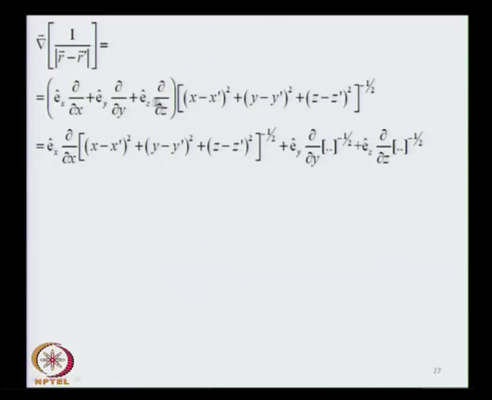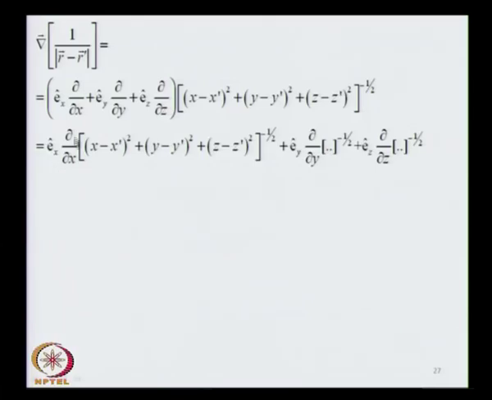So, let us now take this derivative. There are 3 operators here, the Ex del by del x, and then you have got the Ey del by del y. So, there are 3 partial derivative operators, and they come as a sum of these 3 operators. So, we will carry out this process of determining these derivatives term by term.